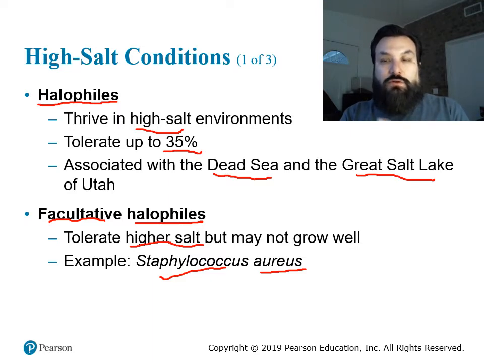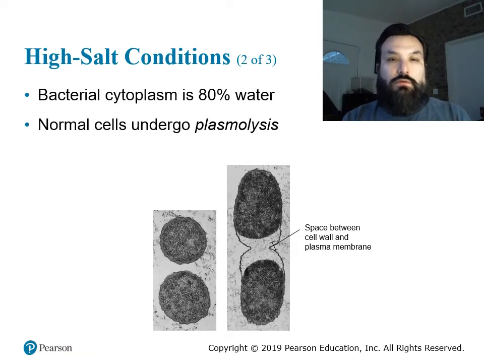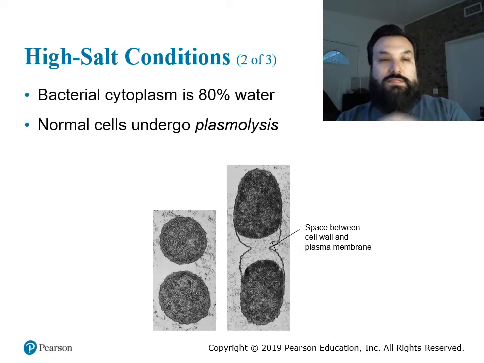But some of us also have Staph aureus on our skin. Not all of us do, but that is a facultative halophile. It doesn't grow too well there, but it still can be found.